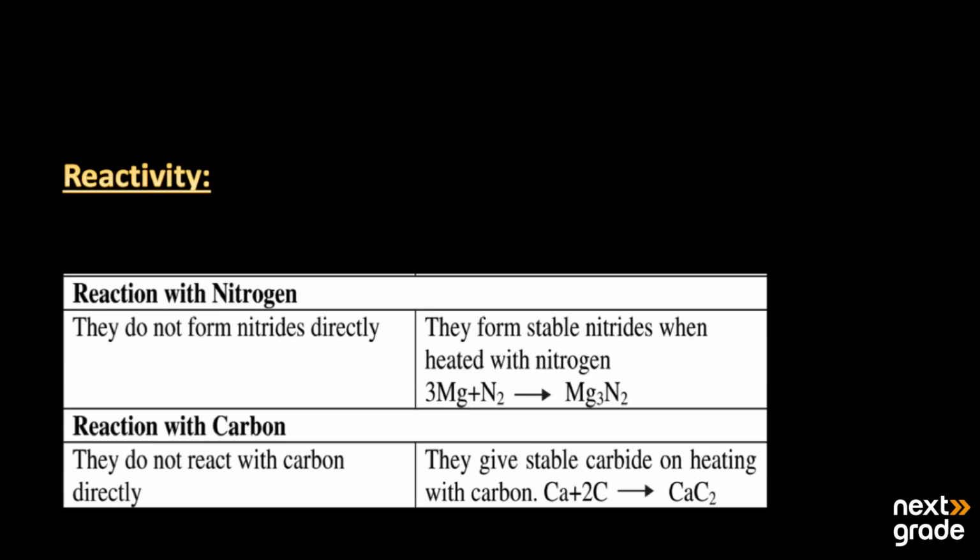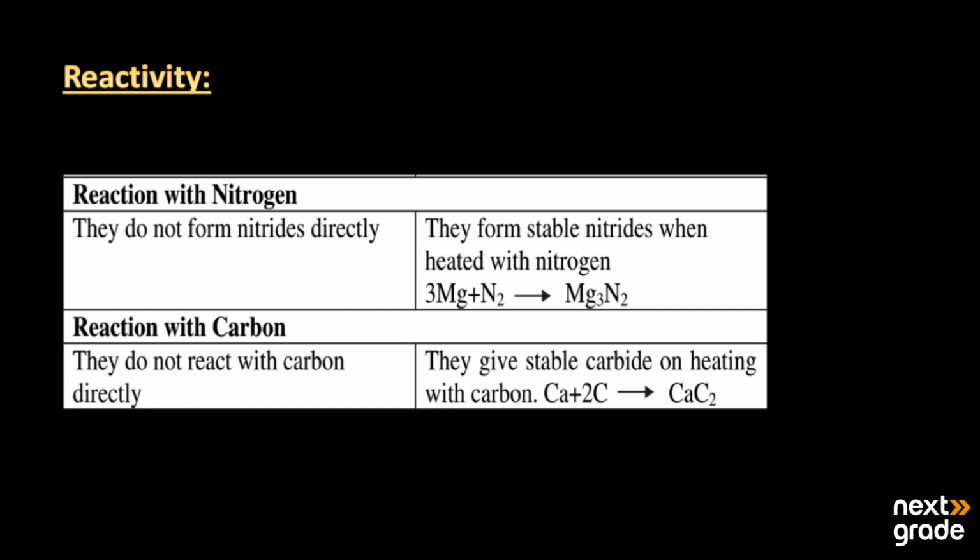And at the end we have their reactivity with nitrogen and carbon. Group 1A elements do not form nitrides directly, but there is a long way of reactions for their formation. On the other hand, the group 2A elements form stable nitrides when heated with nitrogen, so magnesium nitride, Mg3N2.